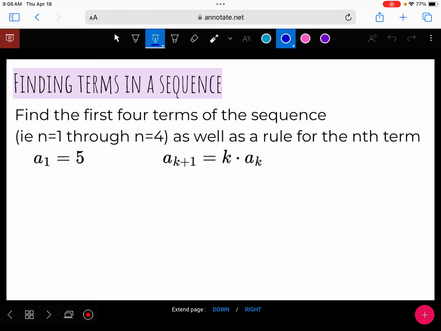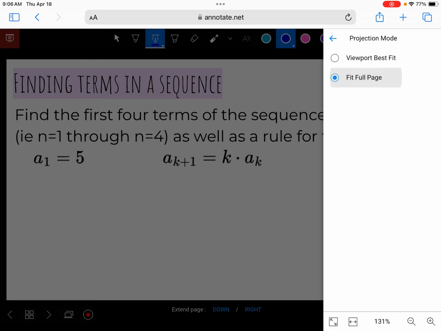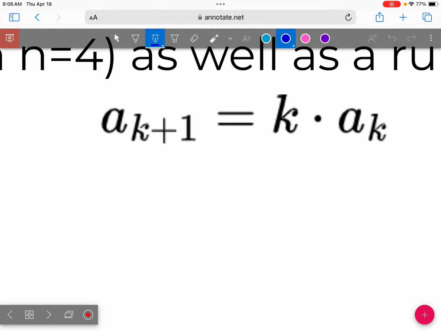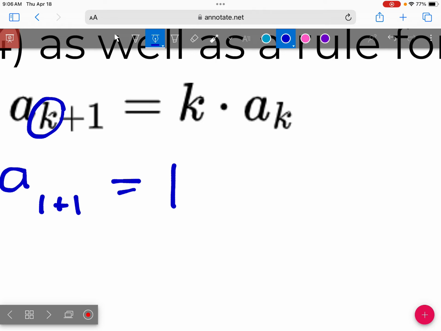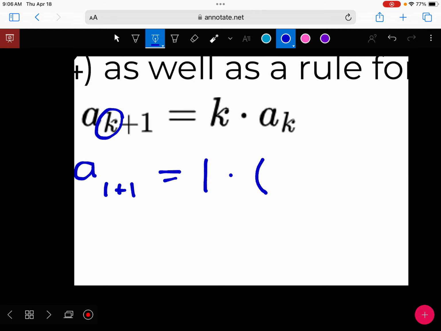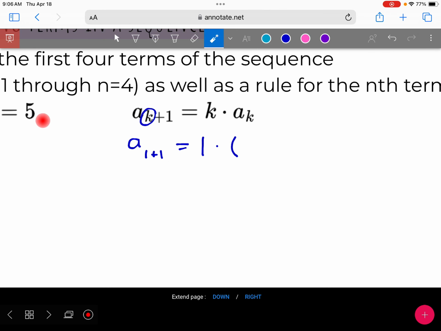So what we're going to do is we do this kind of like a substitution. We're going to come in here and we're going to do a sub 1 plus 1. So we're using a k of 1 here to start. So since my k is 1 and my a sub k, they tell us over here, my a sub k is 5.